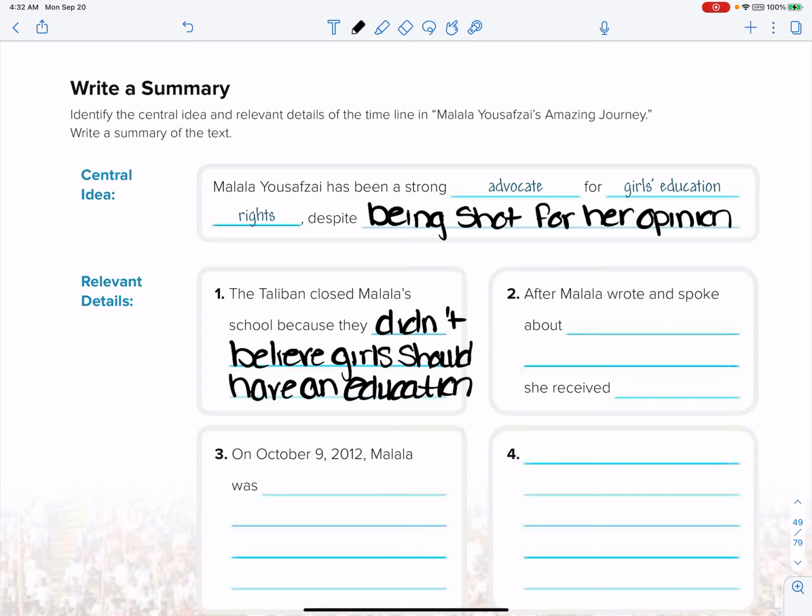After Malala wrote and spoke about, and then what did she speak about? The Taliban closing her school.